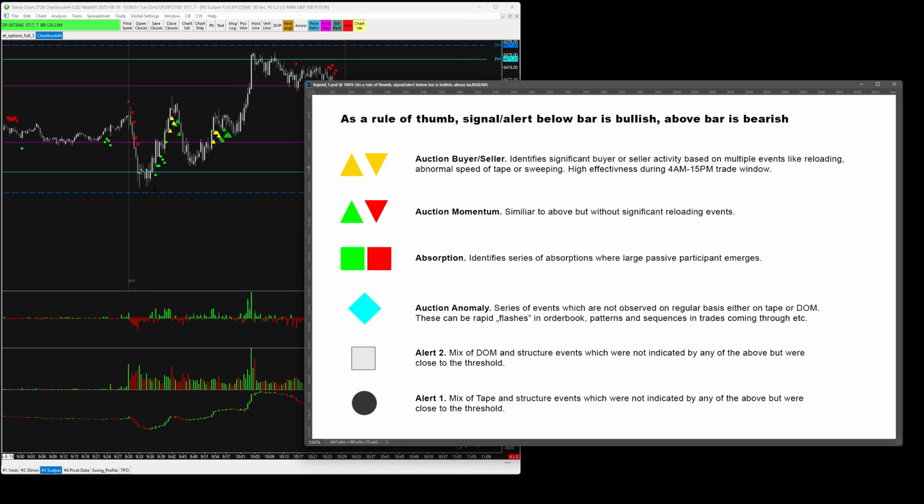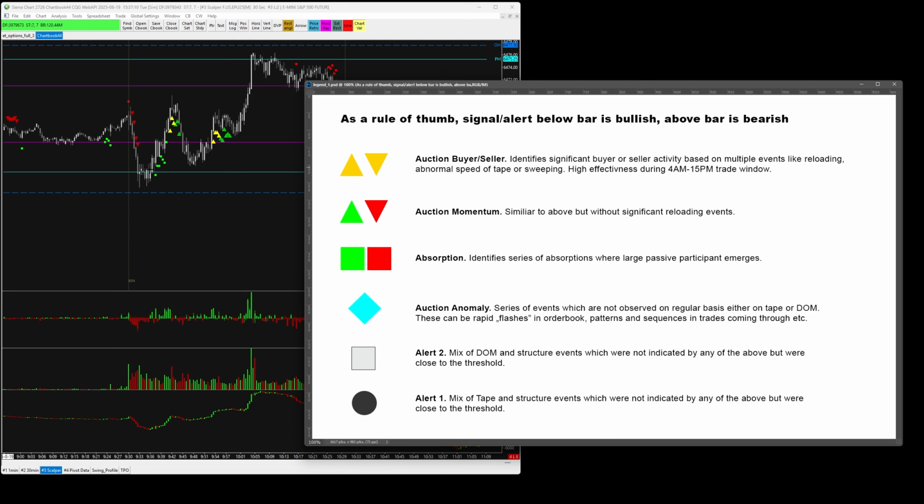So you need some kind of a threshold, some intelligent threshold. How much is a good sweep, or how much is a good absorption? How many contracts does it have to have?